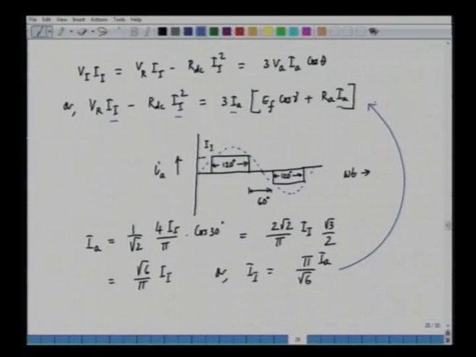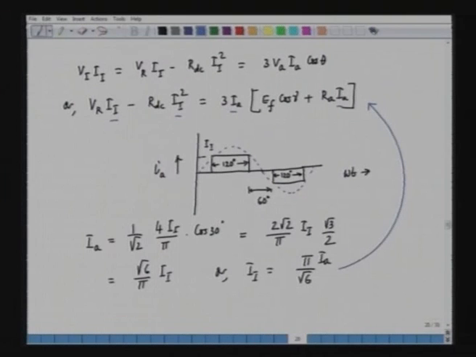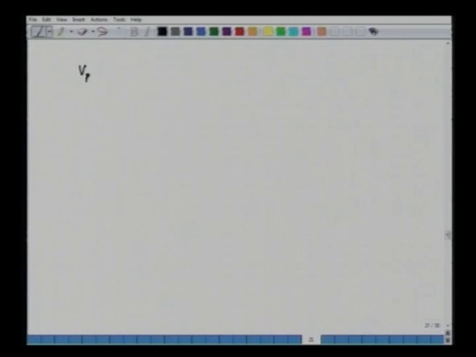In this equation we can take the values of II and replace them by pi by root 6 into IA and find the final equation. So, we have VR into pi by root 6 into II. We have replaced II by pi by root 6 into IA here, minus RDC II square.